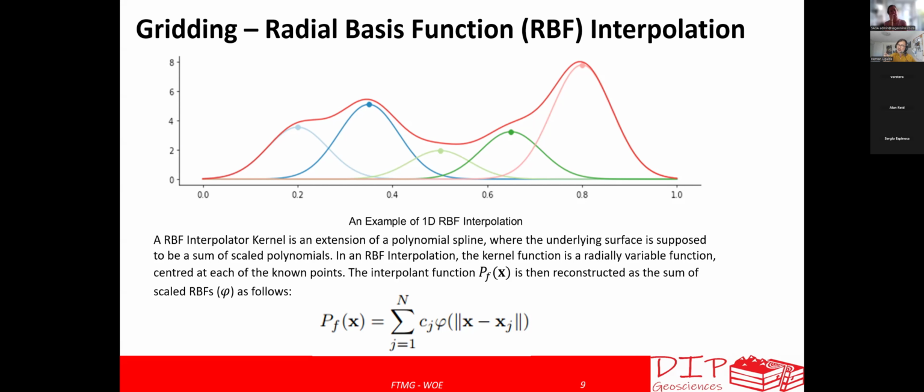So for each point, you are going to do one of these expansions. And then you use this interpolant so you can reconstruct the data. Depending on how many points you use in your expansion, obviously that determines how good your solution is going to be, but of course it's going to need more resources.